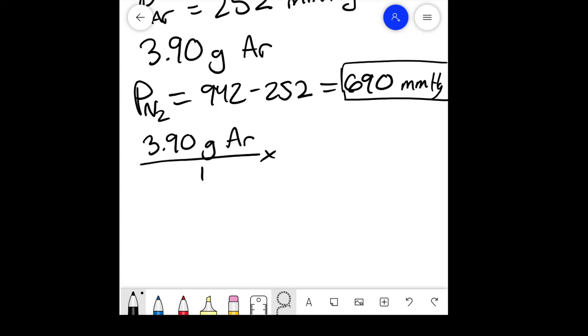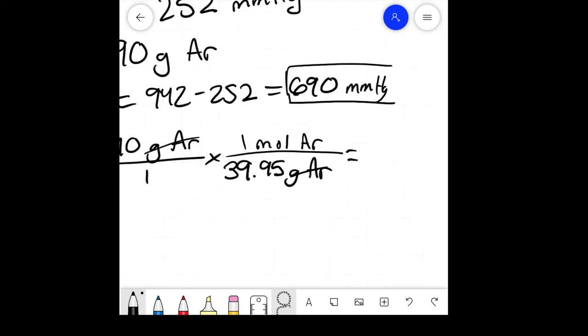If you remember how to do this, you take your given, and then you take the atomic weight off the periodic table. You put it on the bottom so the units cancel, over 1 mole. So that gives us 0.096 moles of argon.